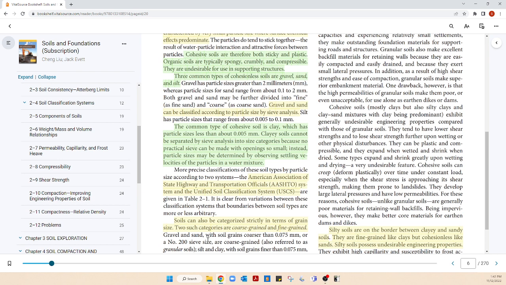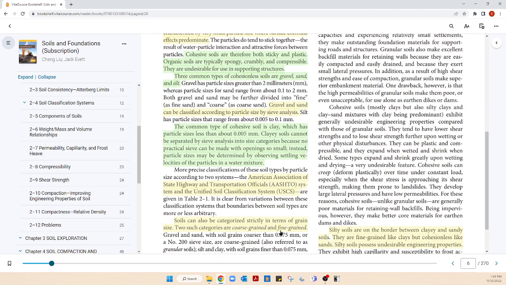In the AASHTO, I'll just go ahead and say it. The granular materials are 35% or less of the total sample passing this number 200 sieve. I think we talked about this before, but less than 35% would be classified as granular materials.